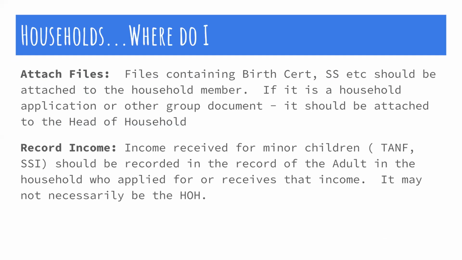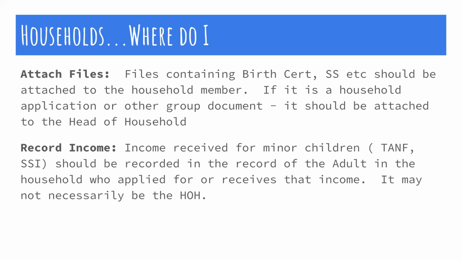When it comes to attaching files, files that contain birth certificates or social security cards should be attached to the household member that they pertain to. If it's a household application or any other group document that pertains to everyone, make sure it's under the head of household.